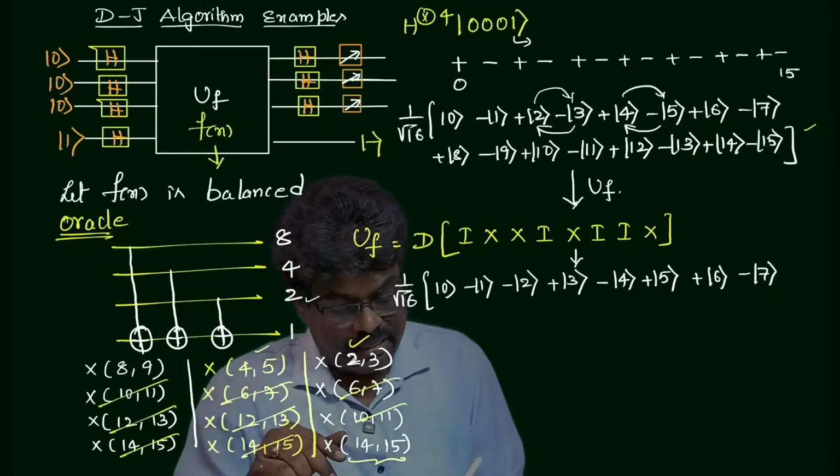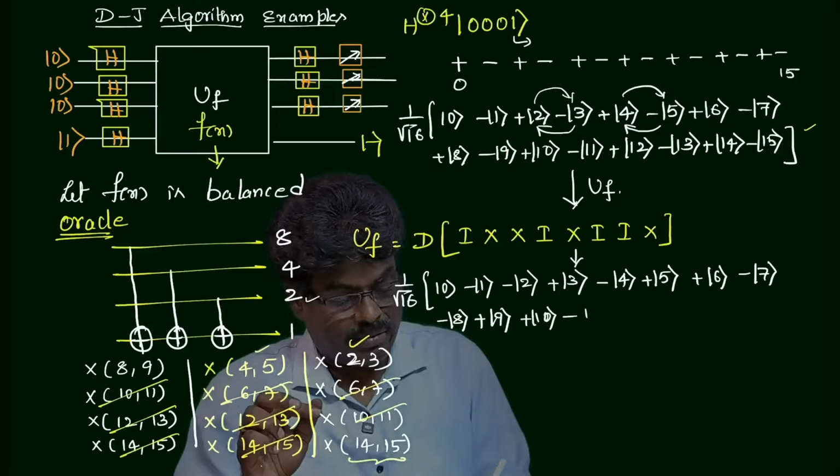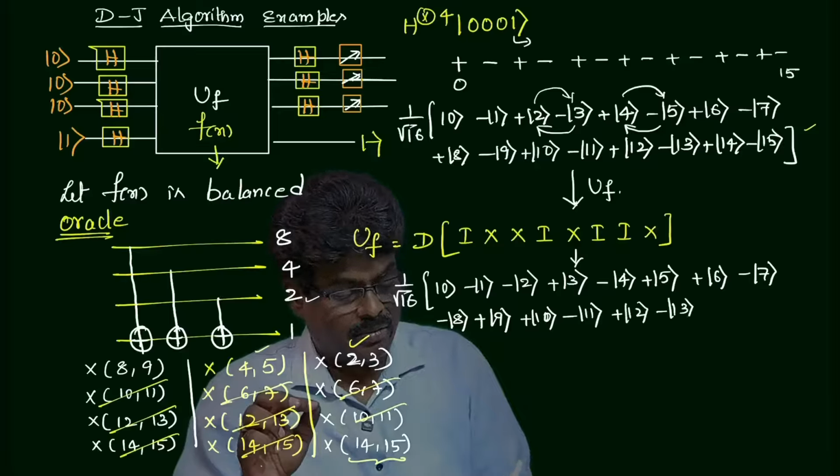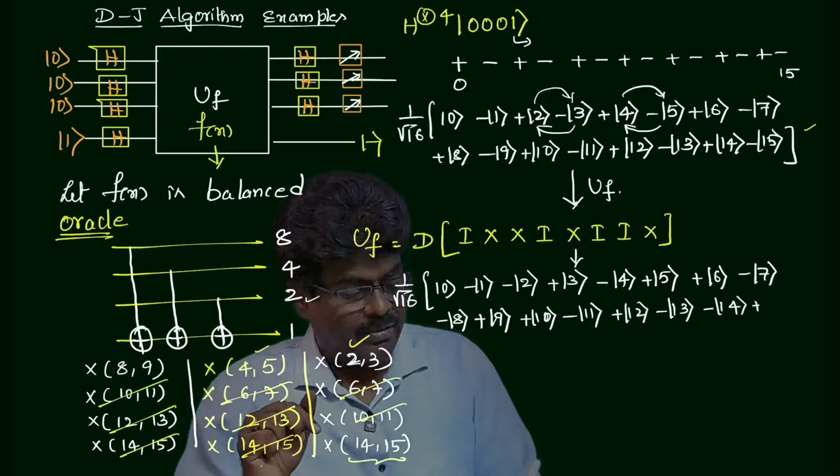Next 8 9, yes, flip, minus 8 plus 9. Next 10 11, no change. Next 12 13, no change. 14 15 flip, minus 14 and plus 15.